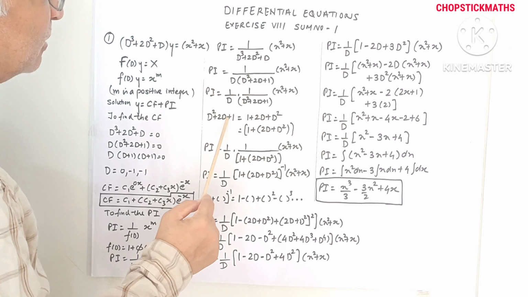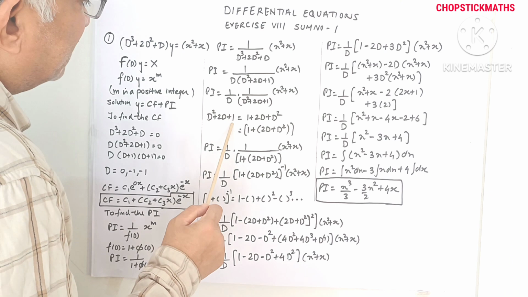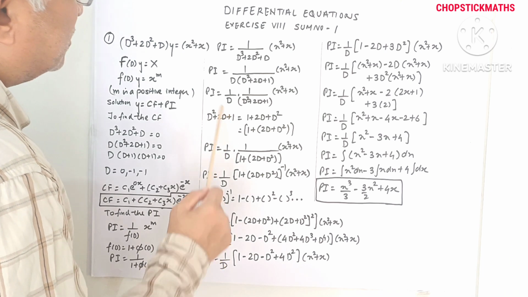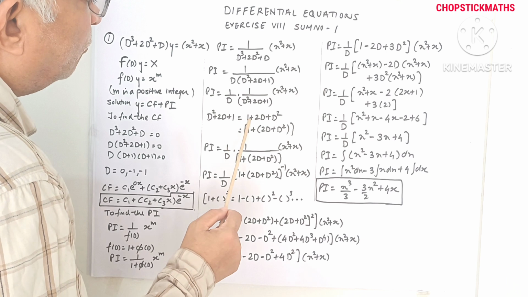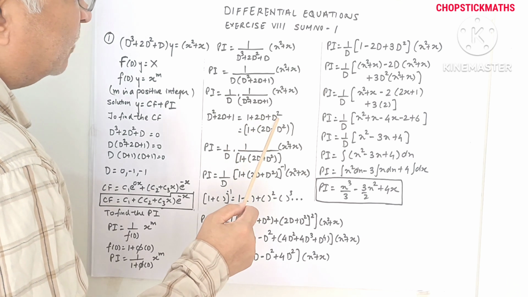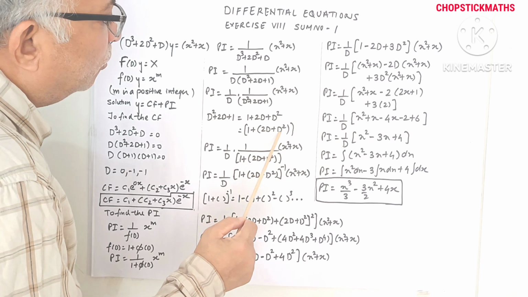So D square plus 2D plus 1, we have to write it in this form, 1 plus phi of D. Now if you see here, there is already a 1. So in this expression we can reverse the order. D square plus 2D plus 1 is equal to 1 plus 2D plus D square. So this will be equal to 1 plus (2D plus D square).